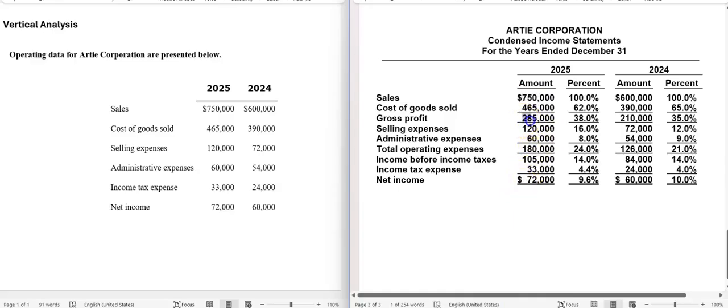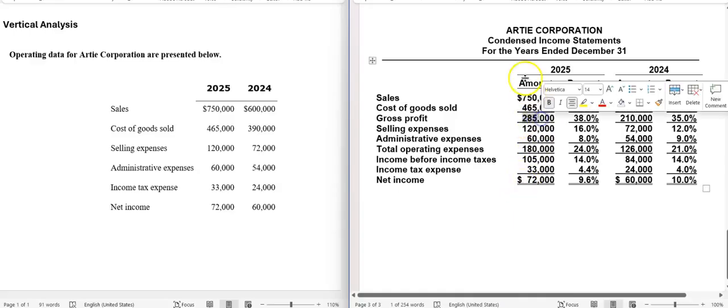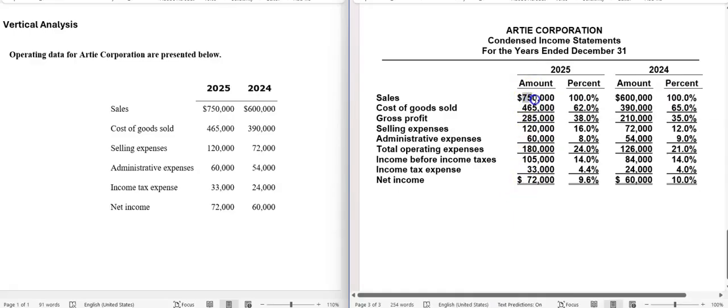Gross profit of 285 divided by revenues of 750 is 38%. In other words, gross profit is 38% of the company's revenues. Selling expenses of 120 divided by our revenues of 750, selling expenses are 16% of our total revenues.